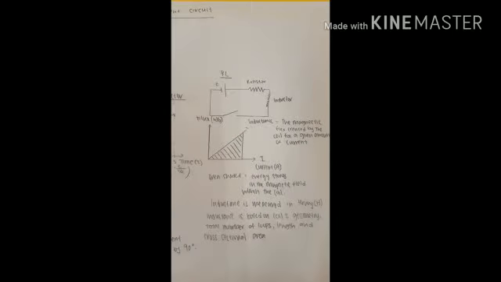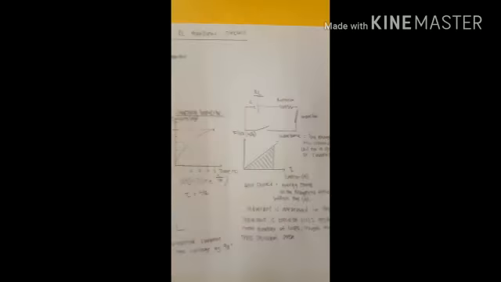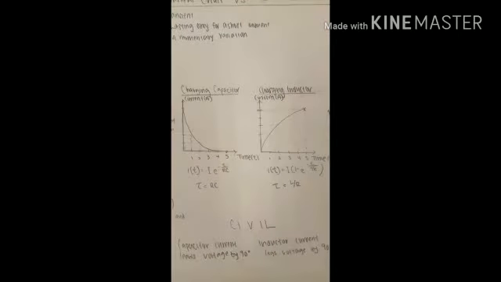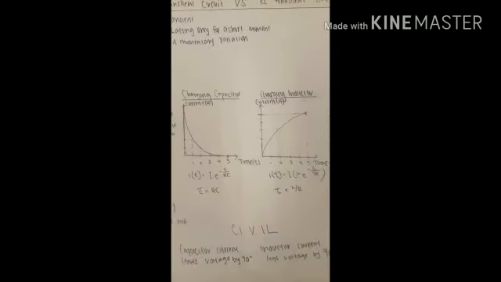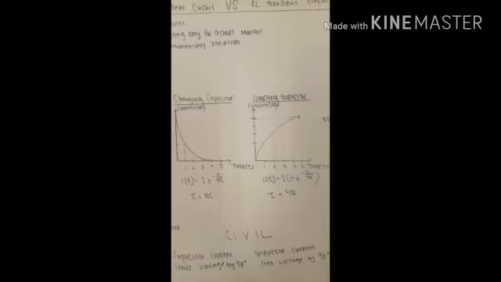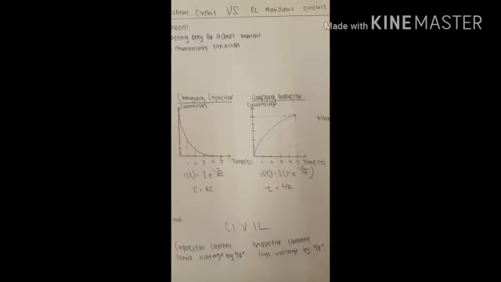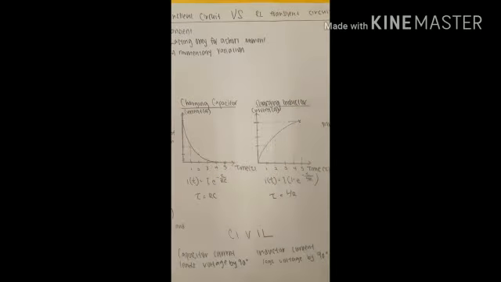For a capacitor, as tau increases, the current decreases. For a charging inductor, as tau increases, the current also increases. The formulas to calculate both currents are also different.